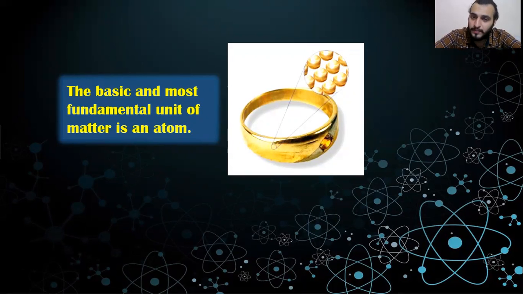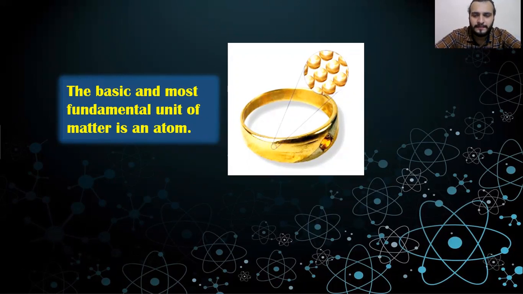If atoms are present, then only elements will form. If elements are there, then only they will combine to form compounds. And if compounds are there, then elements and compounds together will give us mixtures. So if the atom is present, then and only then is all the other forms of matter present. Otherwise, nothing is possible. So that's why it is the basic but fundamental unit of matter.